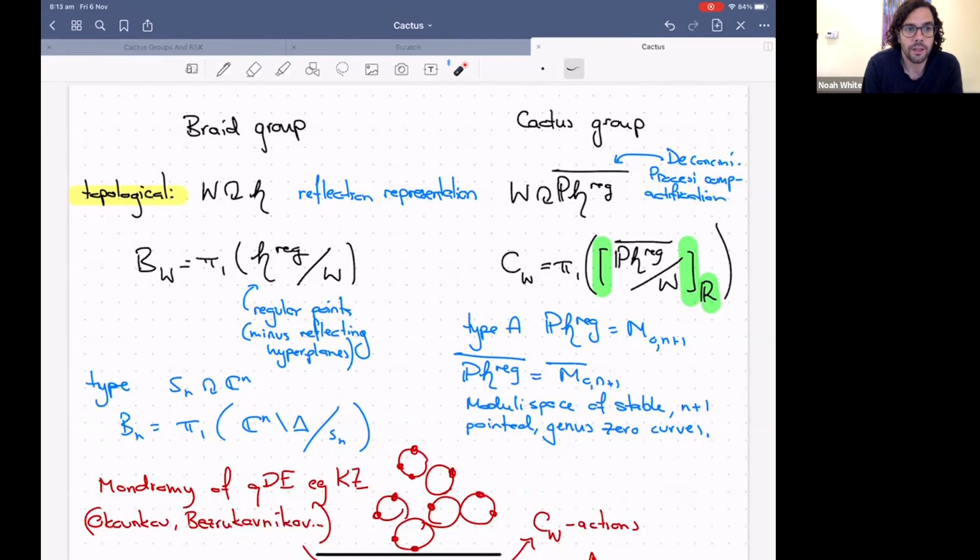Combinatorially, maybe there is one. One thing that you can think about is the RSK correspondence, and this exists in some sense for wreath product groups.